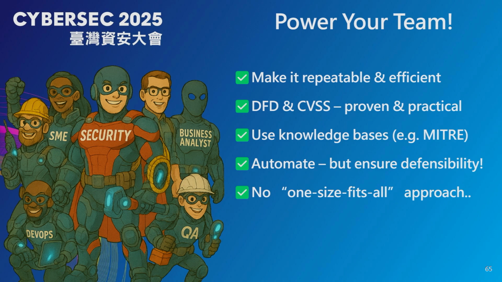Make sure to automate, but ultimately it needs to be defensible, and at the end, who is accountable is the human, not the tooling. This also applies to AI. We talk a lot about AI, but at the end, in a regulated space, the human is accountable. Right, and there's no one-fits-all approach. Every use case needs to have its own customized elements.